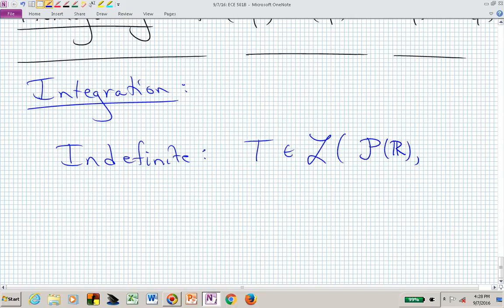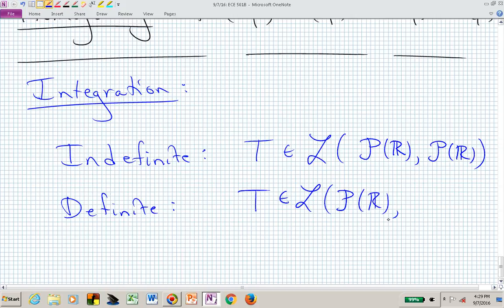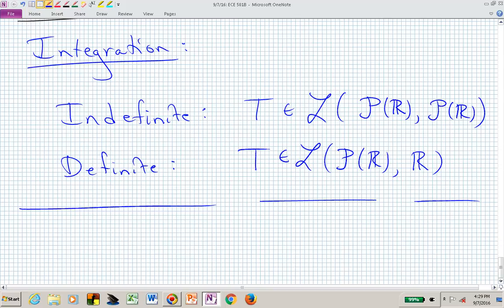Plus some constant, and that's belonging to the set of all polynomials. If, though, I looked at the definite integral, and again I start with a polynomial, where do I end up? Now I'm just going to end up with a real number once I evaluate at the lower and upper limits. That hopefully gives you a feel for how your input and output vector spaces obviously depend on the linear map.